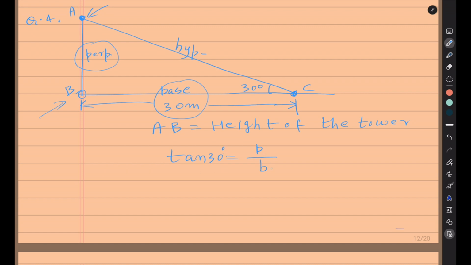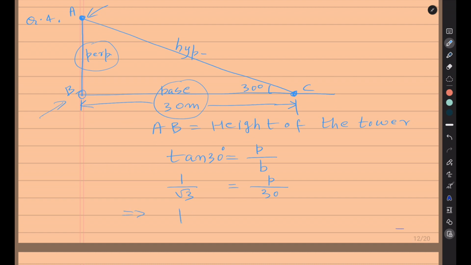So tan 30 is P upon B. So the value of tan 30 is 1 divided by root 3. You can just check some of the earlier videos how we derived this 30 degree, 45 degree, 60 degree and all other kind of significant angles. And P is height of the tower, so that is to be found, and B is 30 meter.